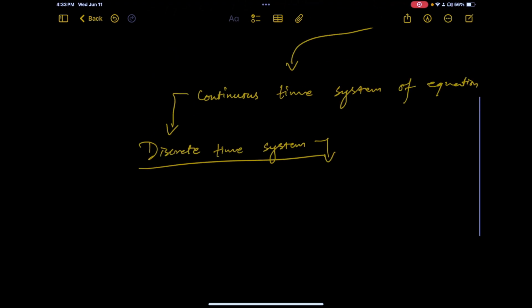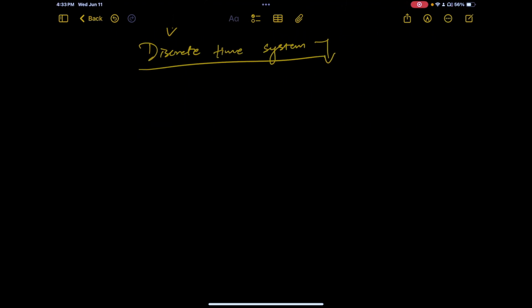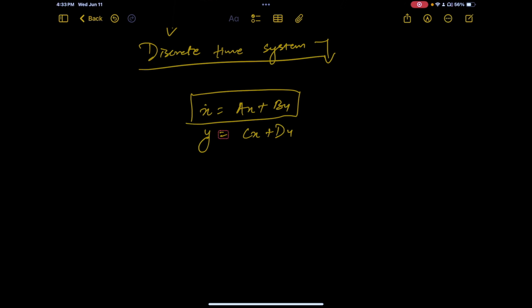Okay, so first thing that you should do is write the system equation. For example, you have a system equation x dot equal to Ax plus Bu and y equal to Cx plus Du. Now Ax plus Bu is a continuous time system.